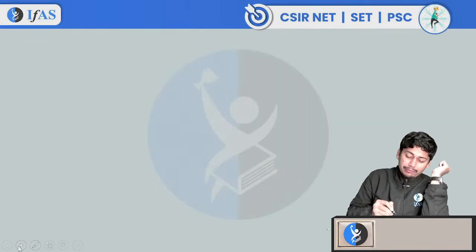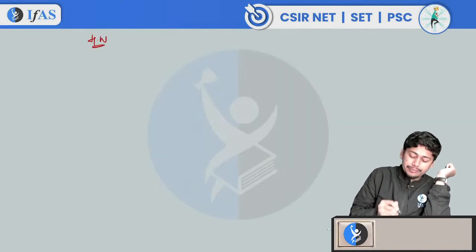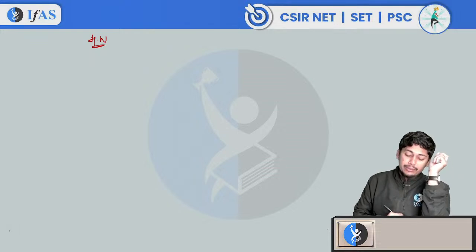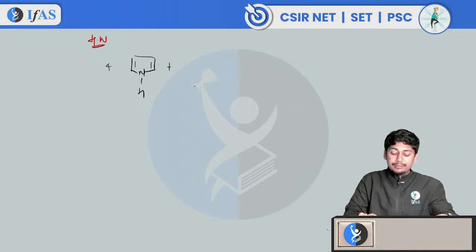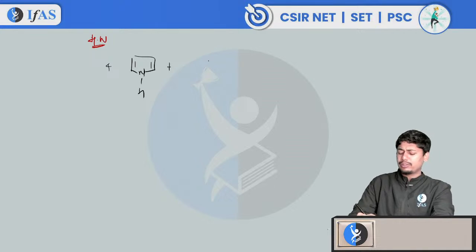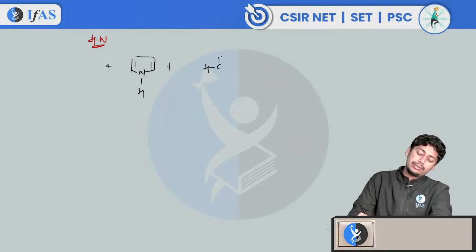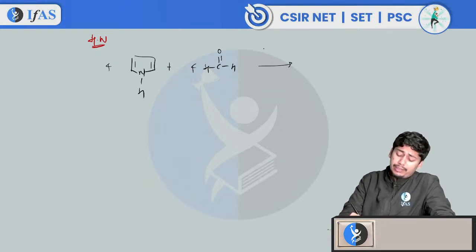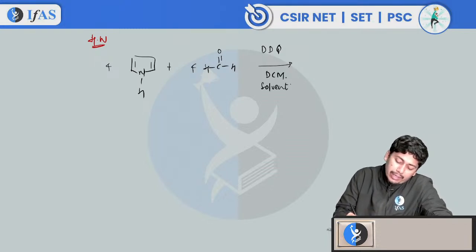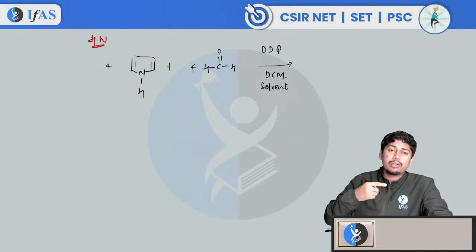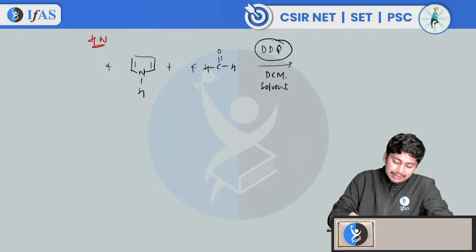I will take 4 pyrrole rings like this, 1, 2, 3, 4, and 4 formaldehyde units, HC double bond O. In this reaction I will take DDQ as well as dichloromethane, which is a solvent, and DDQ is used for cyclization.